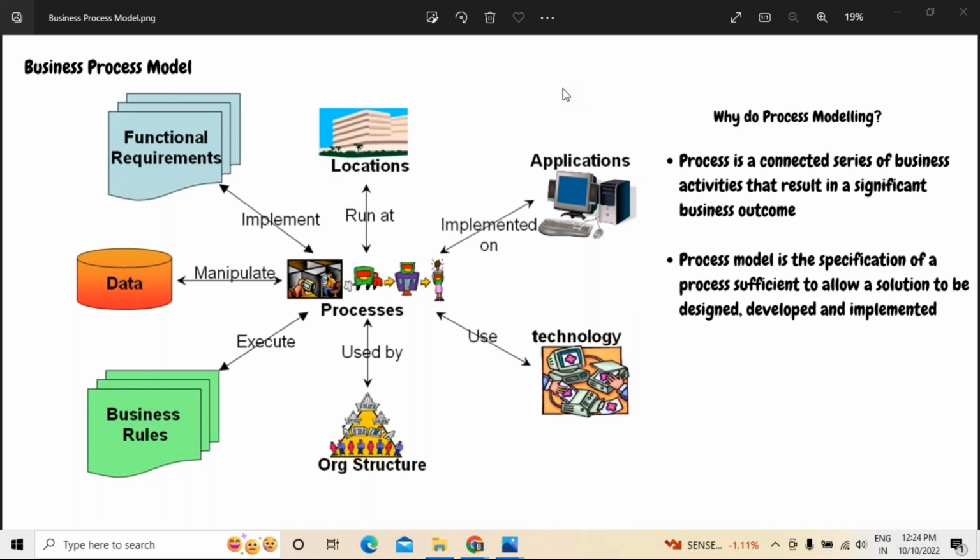Followed by this, we must understand the structure of the organization, how it has evolved, and how the flow and process will be taken into account. So based upon the structure of the organization, the kind of applications we use and the kind of technology we follow, everything will be interconnected and interrelated here.